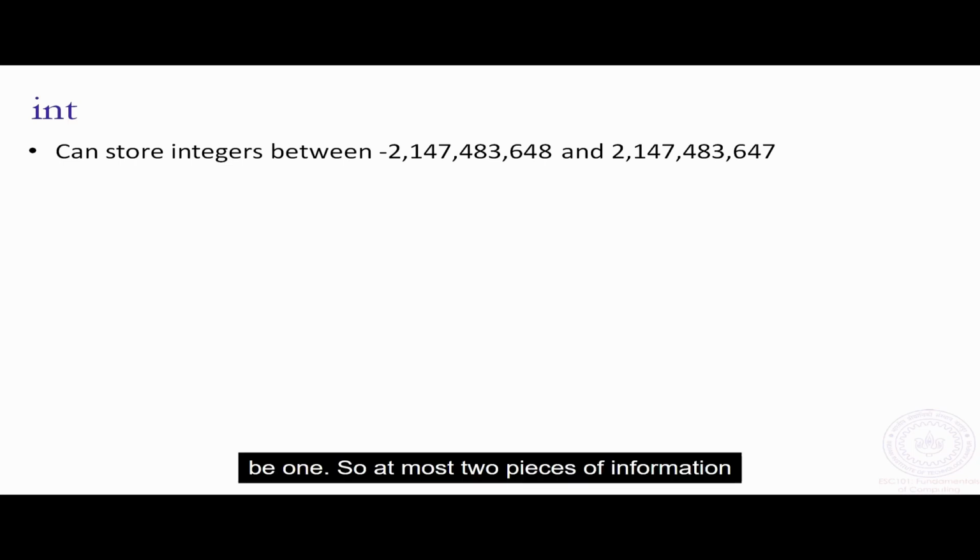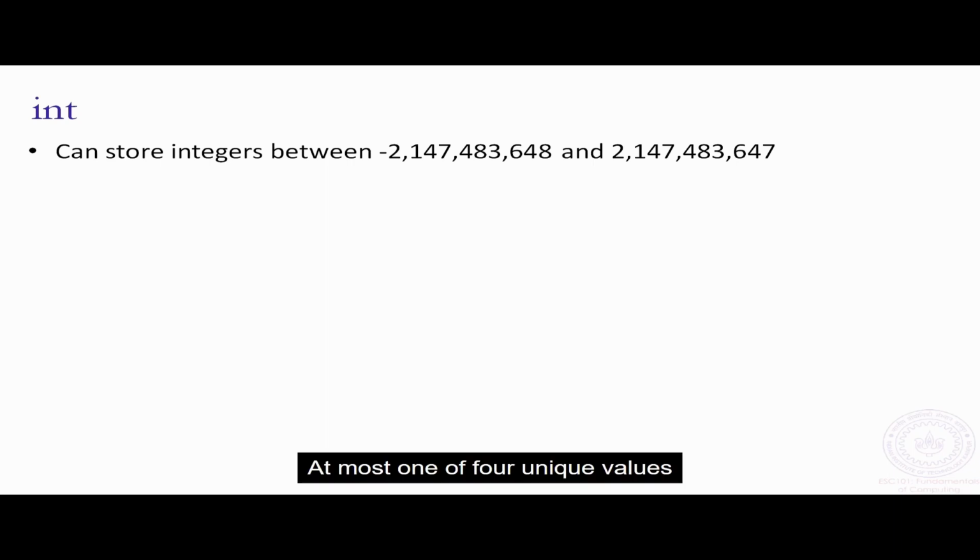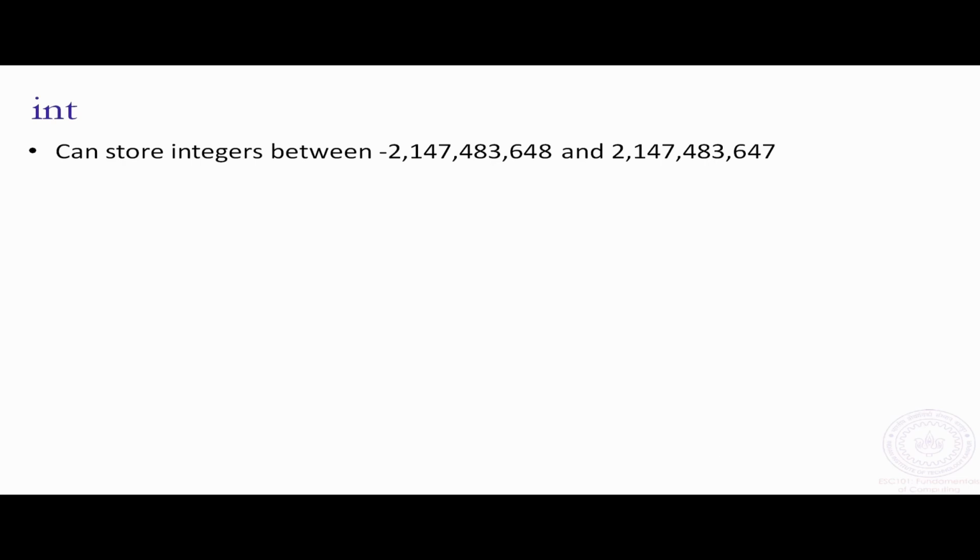So at most 2 pieces of information can be represented using 1 bit of information. Similarly, if you have 2 bits worth of space, then you can store at most one of 4 unique values: 0 0, 0 1, 1 0, or 1 1. You can store any one of these 4 combinations in that 2-bit set.